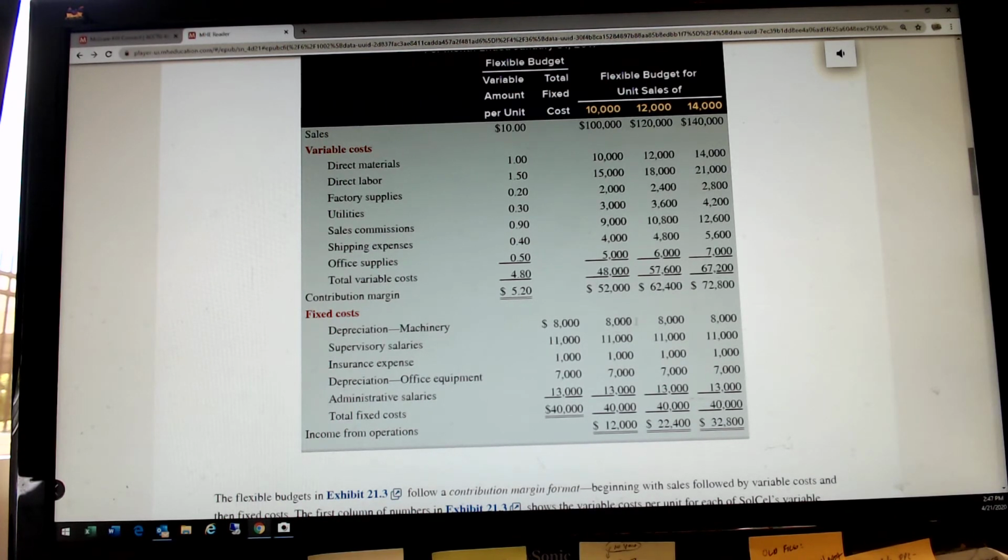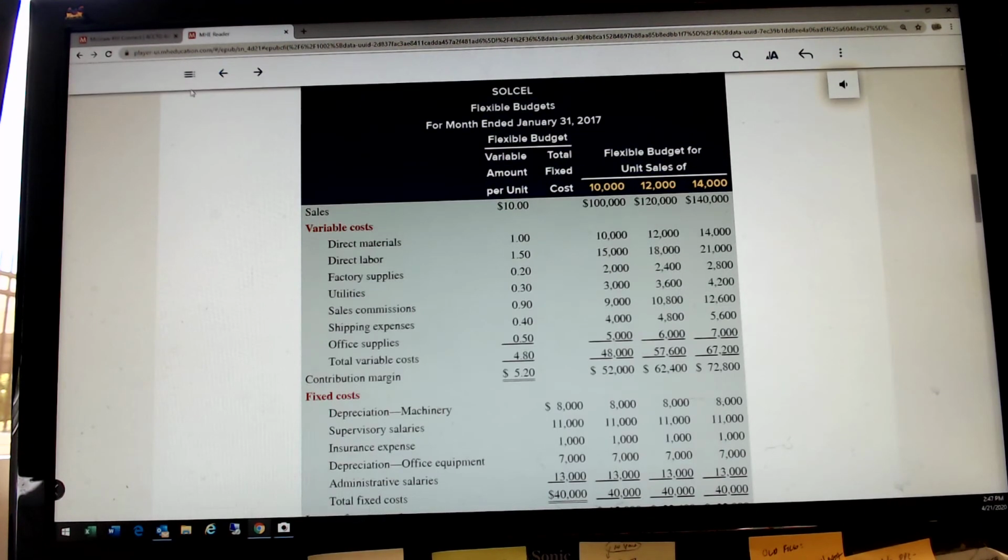Fixed costs are fixed. Just copy and paste. They should be the same at whatever level of activity I have. That's why they're fixed. So now we have a flexible budget that includes the levels of 10,000 units, 12,000 units, and 14,000 units.